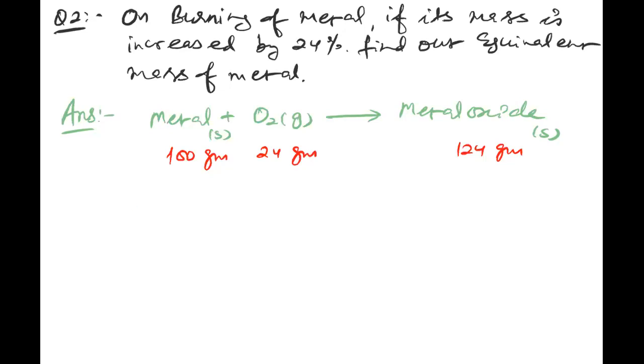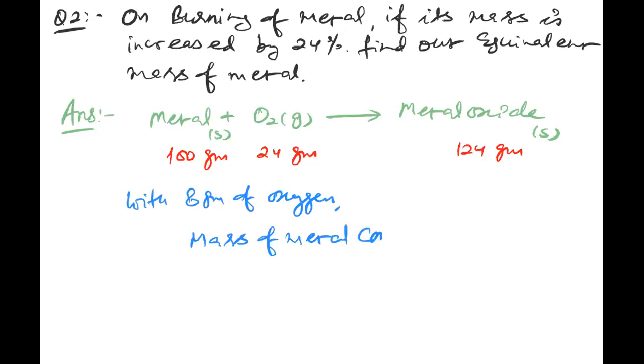So with 8 gram of oxygen, the mass of metal combined should be, for 100 gram of metal, oxygen combined is 24 gram.